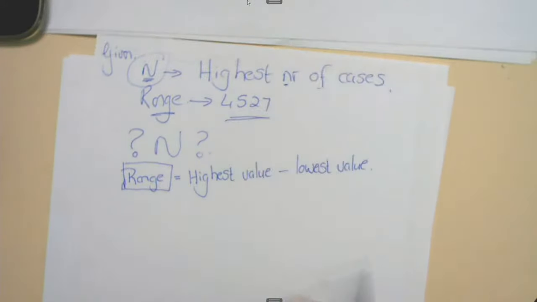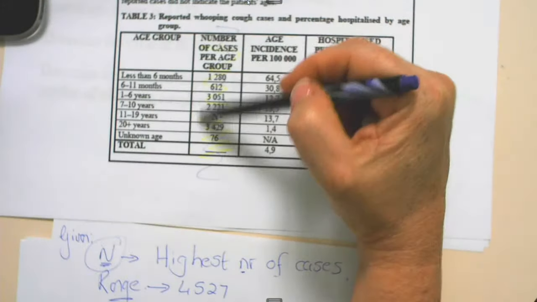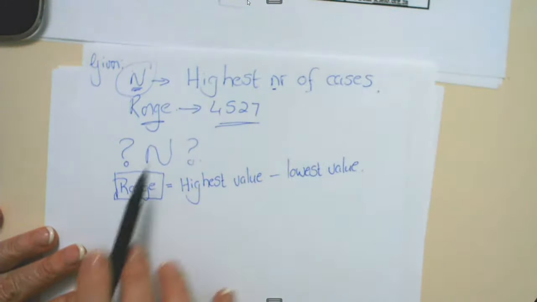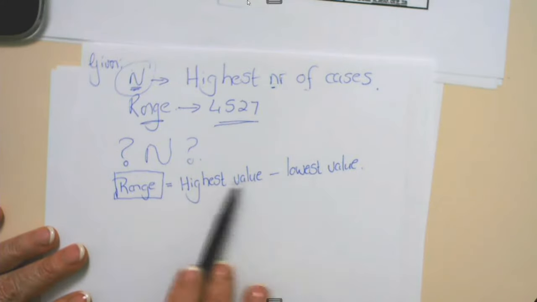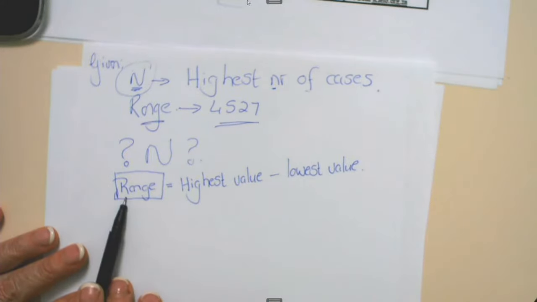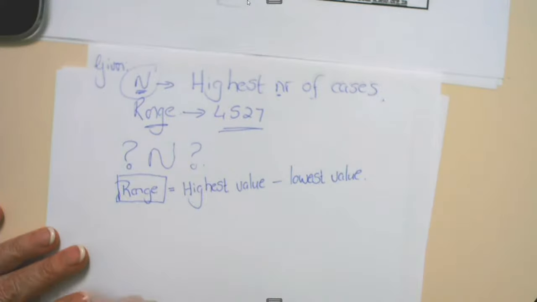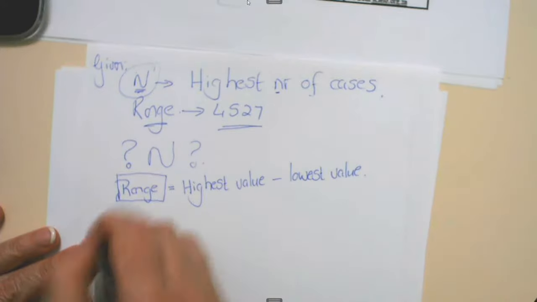Now, if you go and look, in this case, we are talking about the data in this column, remember. The range was given as 4,527. So it is not one of these two values that was given. It was in fact what stands on this side of your equal sign that was given.